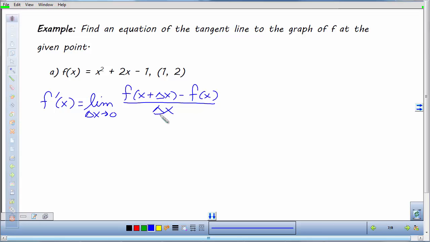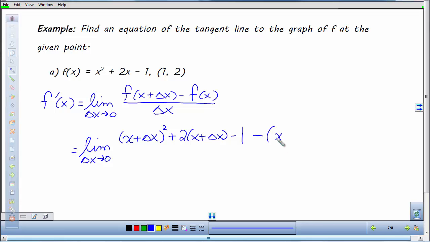Or the limit as delta x approaches 0 of x plus delta x squared plus 2 times x plus delta x minus 1. That's my f of x plus delta x. And now I'm going to subtract from that x squared plus 2x minus 1, all over delta x.